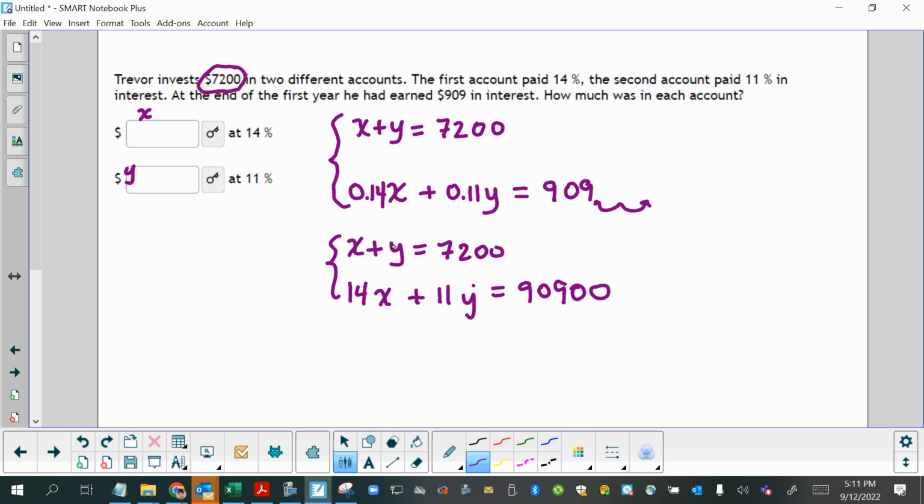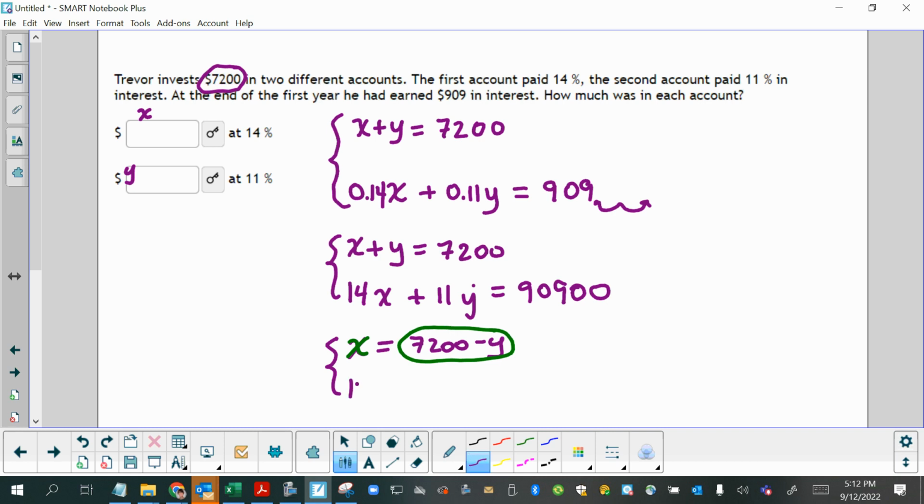So I'm going to go ahead and finish this. I'm going to solve the first equation by subtracting y on each side. So I'll have 7,200 minus y on the right side. And now x is all by itself. Then I'm going to take that, and instead of having x in my second equation, I'm going to substitute it with this expression.